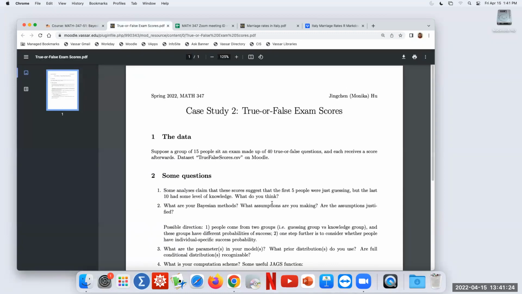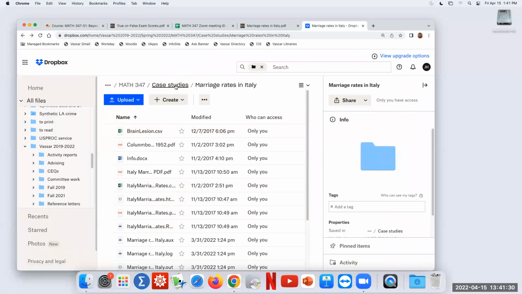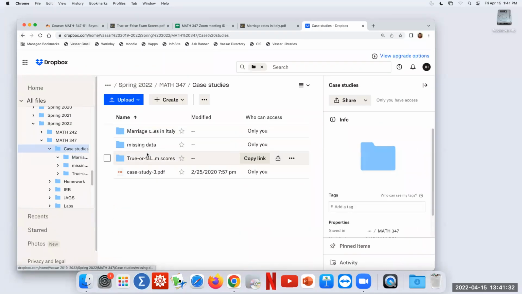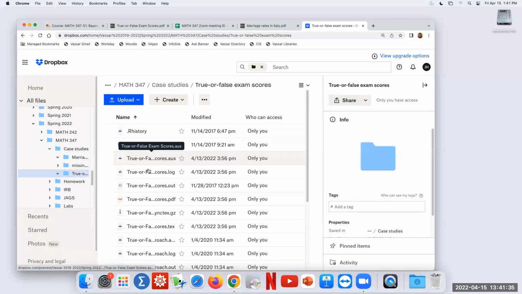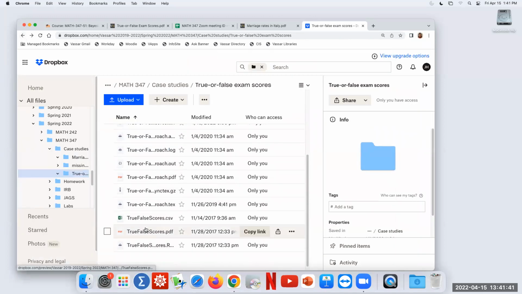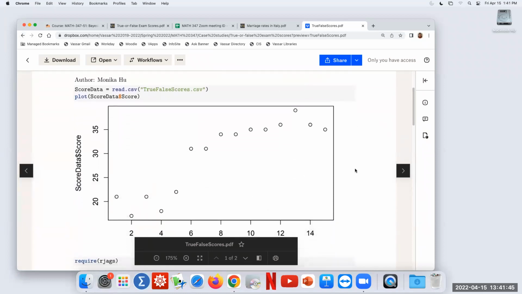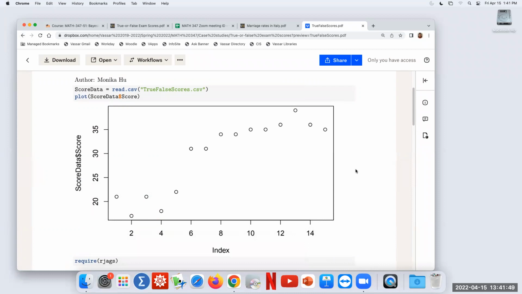Okay. So I want to talk to you a little bit about the data. Let me show you a simple plot, and then I can talk about some possible approaches, and then we'll let you work on your own stuff. All right, so there are 15 students, or test takers. On the y-axis, we have the score, which is up to 40, because that's the total number of questions.